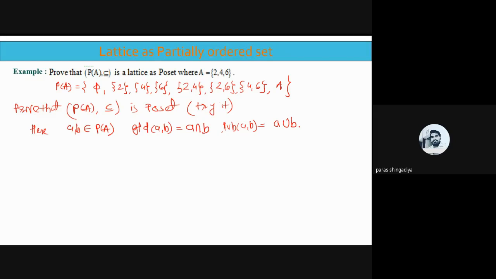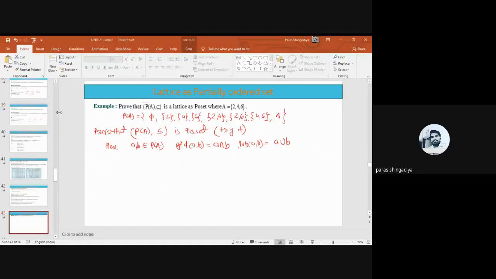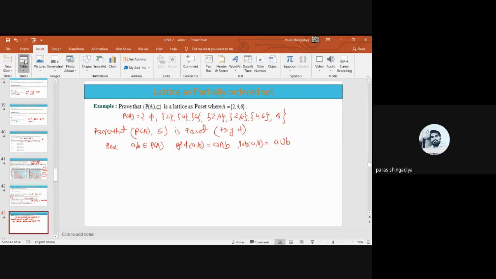to check the answer of GLB and LUB. So let us prepare one table to check the answer of GLB and LUB as A intersection B and A union B. Let us add one table here. There are 8 entries including this, so just consider a 9 cross 9 table.